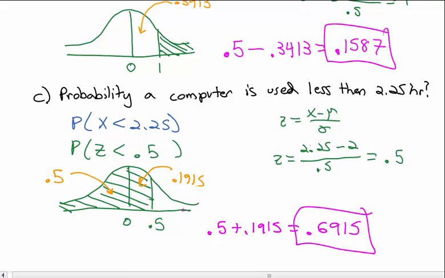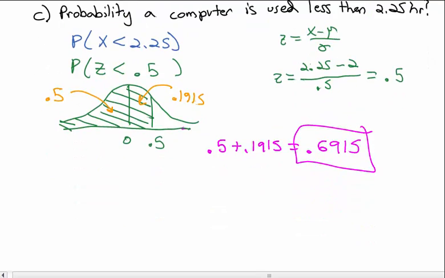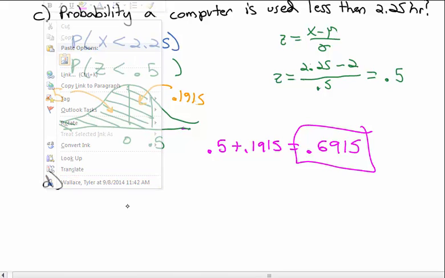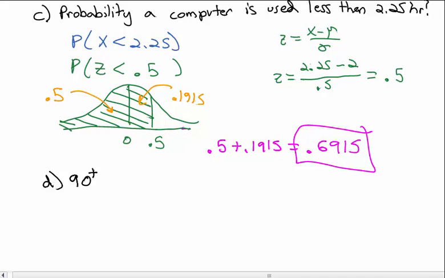We can also work the table in reverse. Instead of finding an area that corresponds with the z-score, we can start with the area and work backwards to the information we want. Let's say, what if we want the 90th percentile?